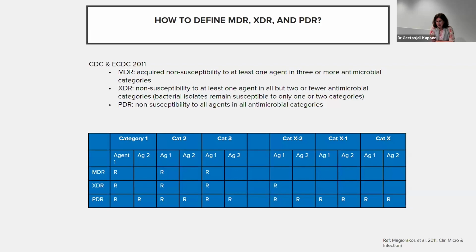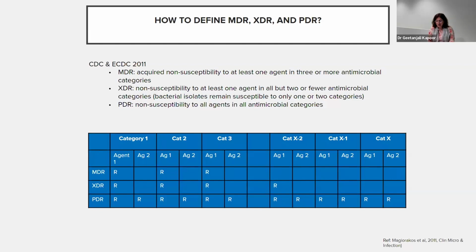If a bug has resistance to at least one agent in 3 or more antimicrobial categories, it's called MDR. So you can see that I have put a resistance symbol R in 3 of these categories, for each of these agents. That is the meaning of MDR. It could be more than 3, but at least for 3 different categories, there should be resistance.